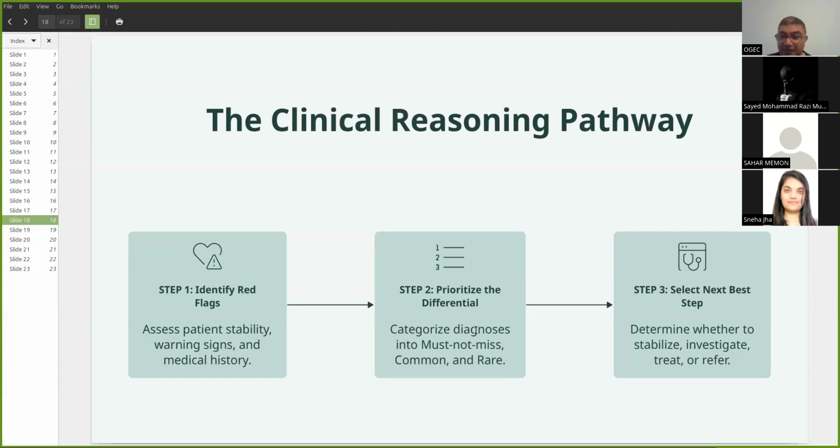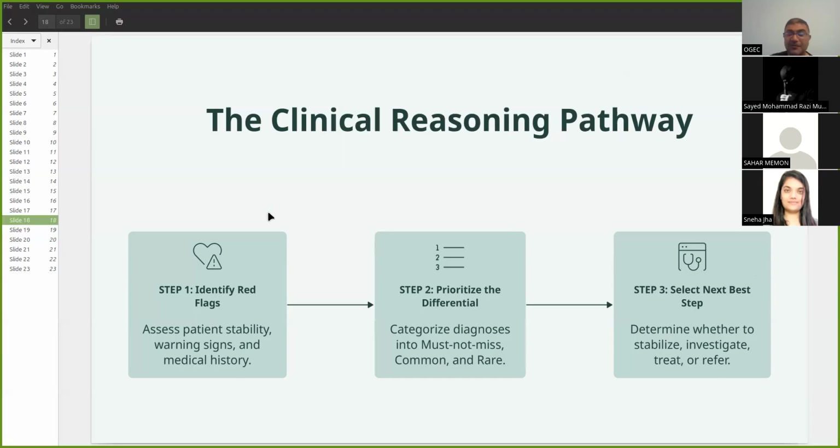We categorize the diagnoses into must not miss, common, and rare. And then the final step is we select the next best step. What is the best next step? It can be to stabilize the patient, it can be a procedure, an investigation, or a referral.